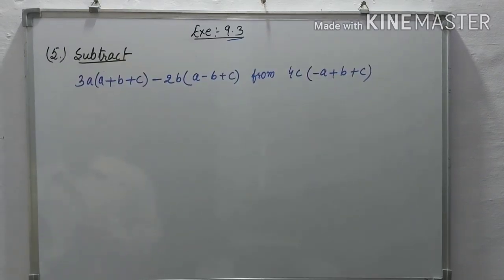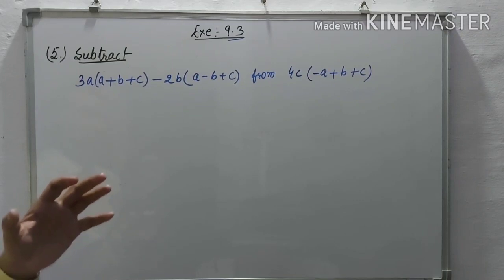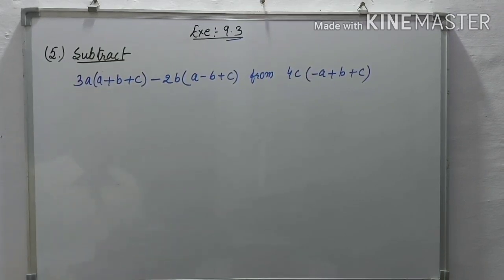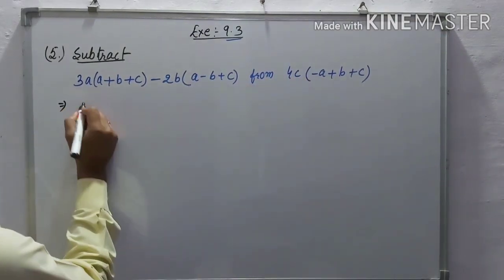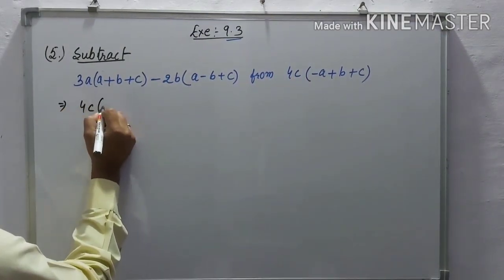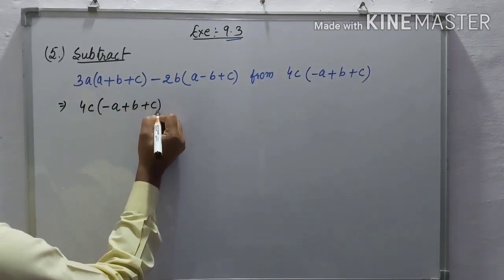In this question we'll use the row method for the subtraction. OK, the column method we already wrote, but you have learned both methods. So first is from: 4c minus a plus b plus c.